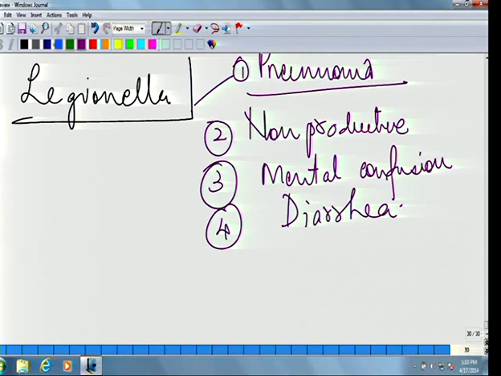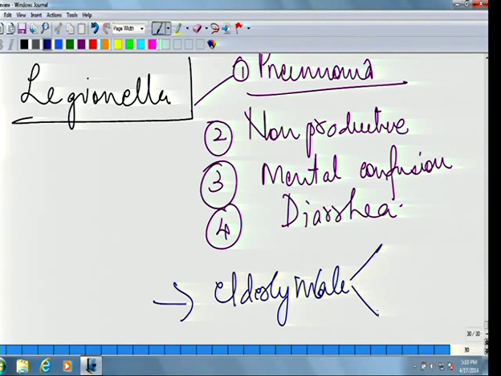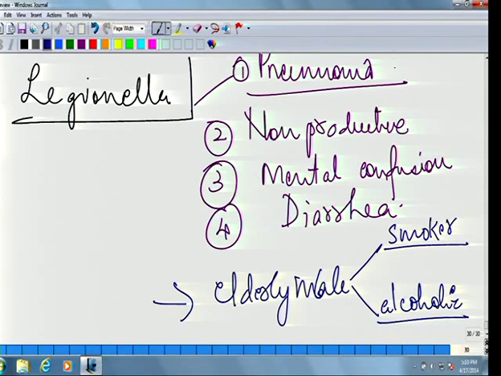And what is the age group? Usually the elderly, especially elderly males. Anything else? Smoker, alcohol. So Legionella is typically seen in an elderly male who is a chronic smoker and an alcoholic, presenting with pneumonia, mostly non-productive cough, mental confusion and diarrhea, highly suggestive of legionellosis.